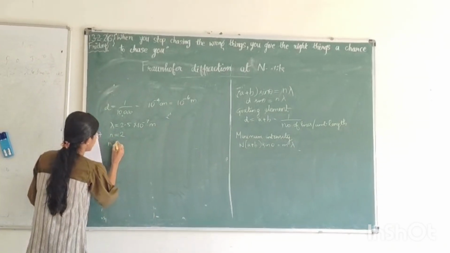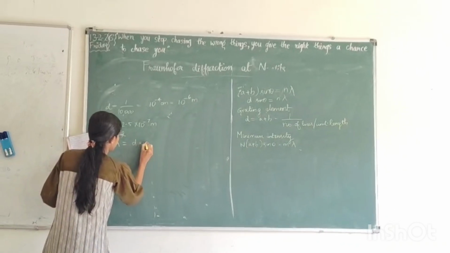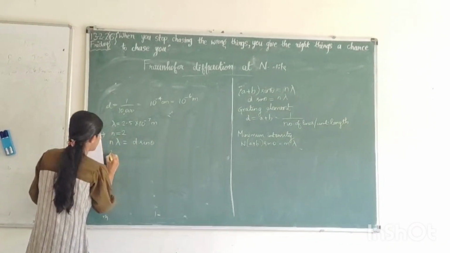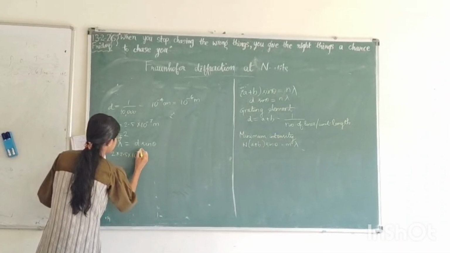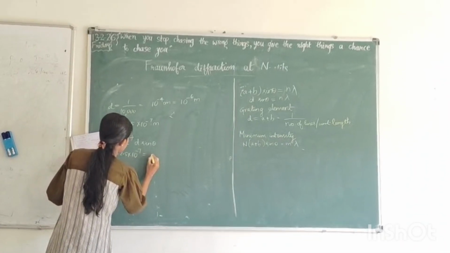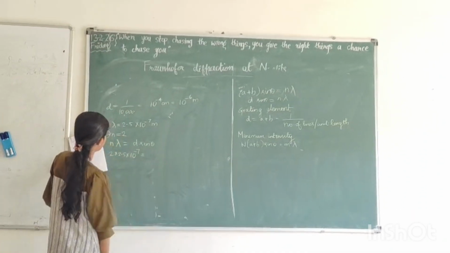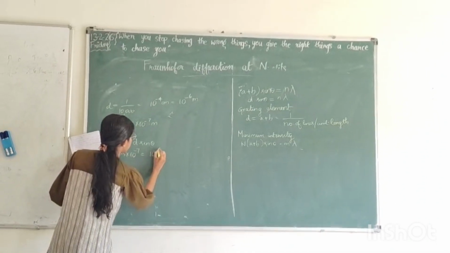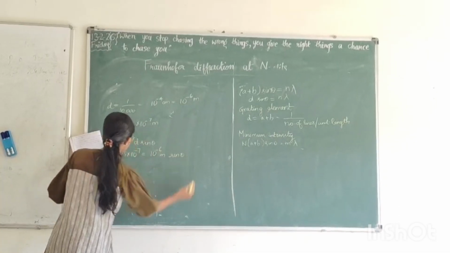So n lambda is equal to d sin theta. 2 into 2.5 into 10 raised to minus 7 is equal to d, which is 10 raised to minus 6 meter, times sin theta.